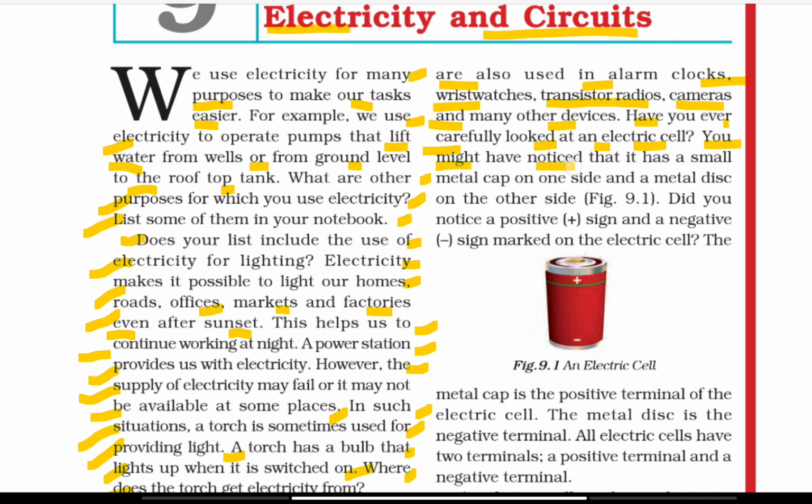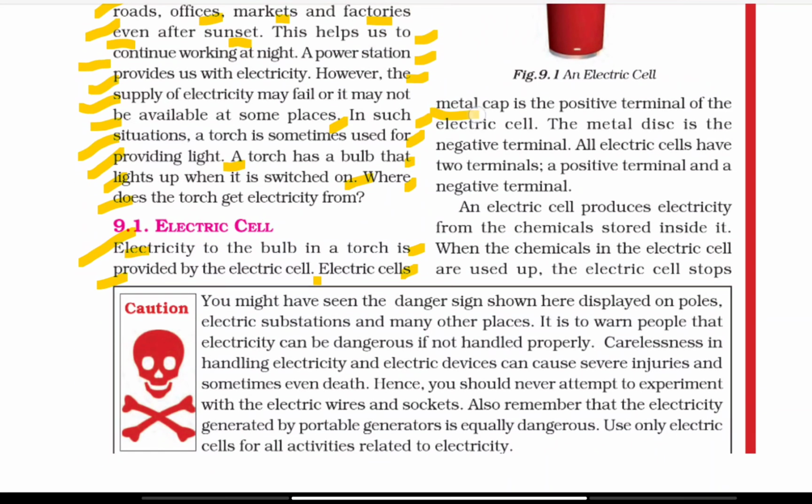You might have noticed that it has a small metal cap on one side and a metal disc on the other side. Did you notice a positive sign and a negative sign marked on the electric cell? The metal cap is the positive terminal of the electric cell and the metal disc is the negative terminal.